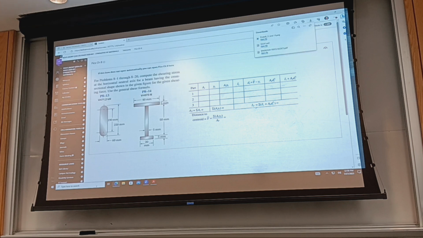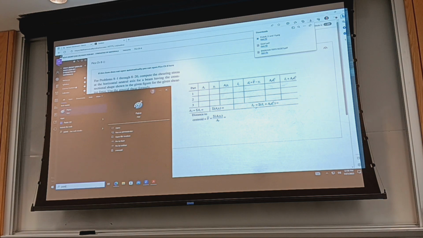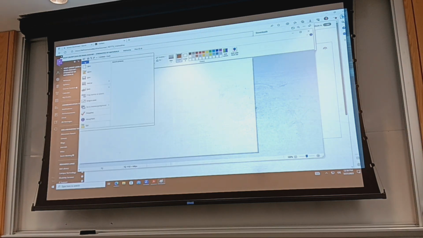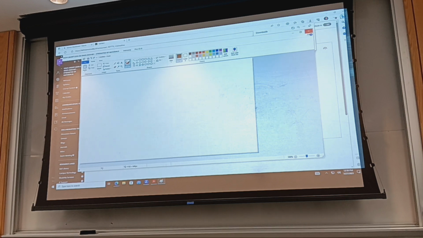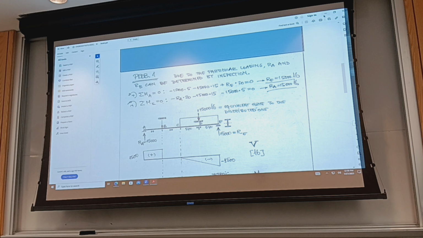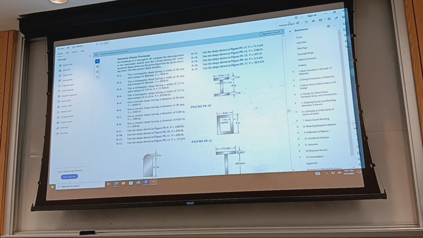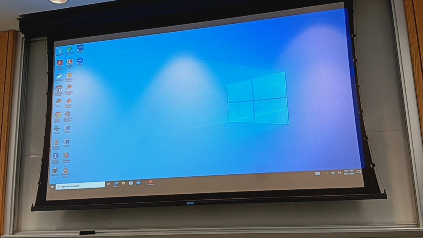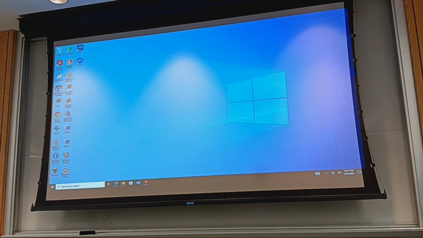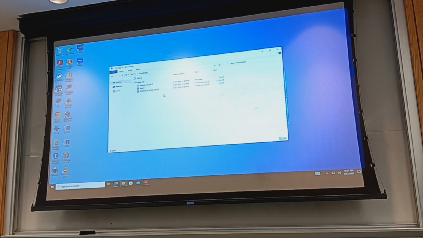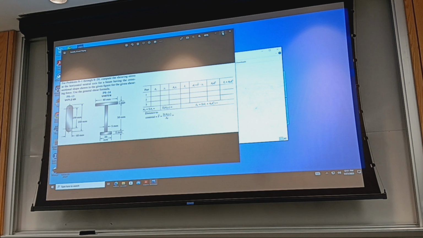I'm opening Paint, File, Open, Downloads. I need to go back to the book on occasion. No, I want to open it with Paint.